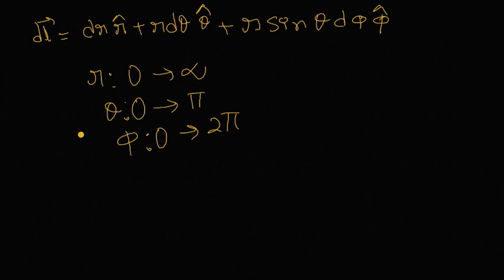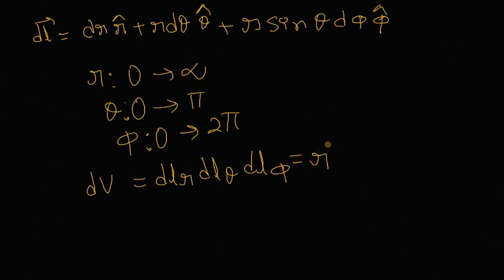Now, if we take the infinitesimal volume element dv, we can write it as dl r, dl theta, dl phi, and we already know the values of these three, so we can just put them in and we get r square sin theta dr d theta d phi.